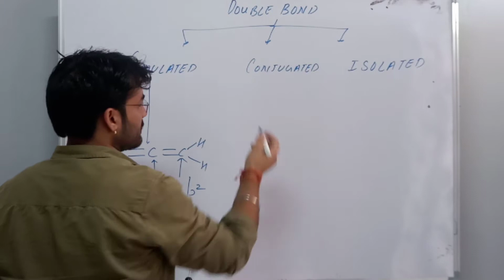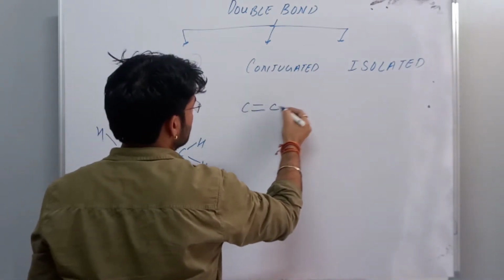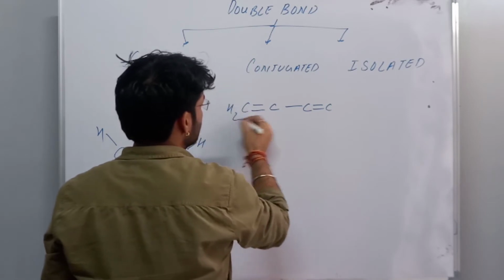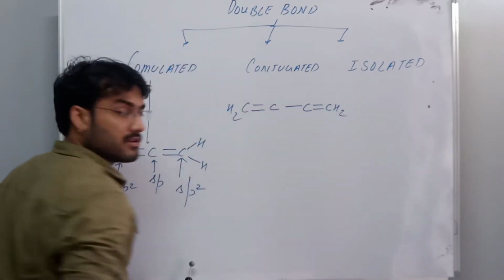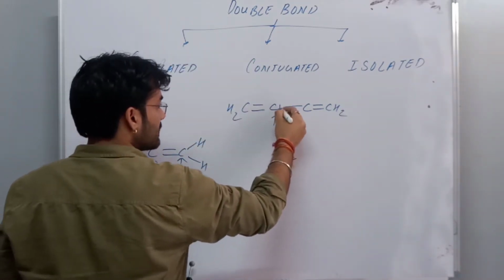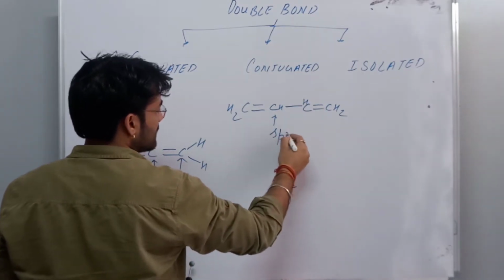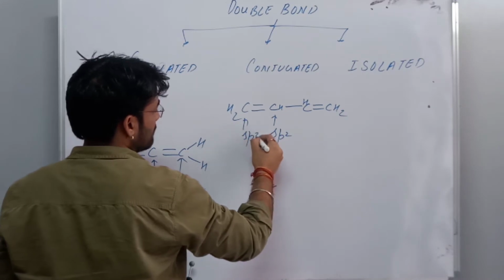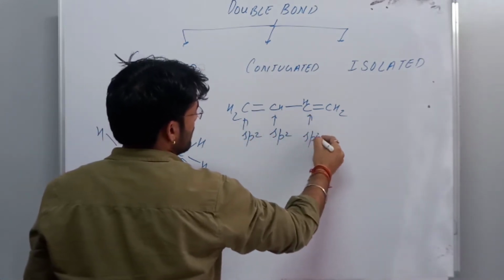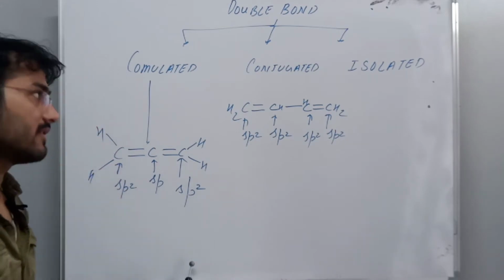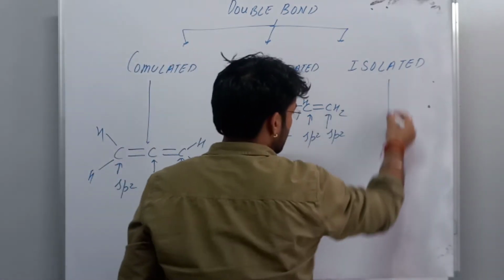In the conjugated, as you know, there is double bond C, single bond C, double bond C, CH2, CH2. CH, and there is H also here. This is sp2. This one also sp2. This one also sp2. This is also sp2. What about isolated double bond?